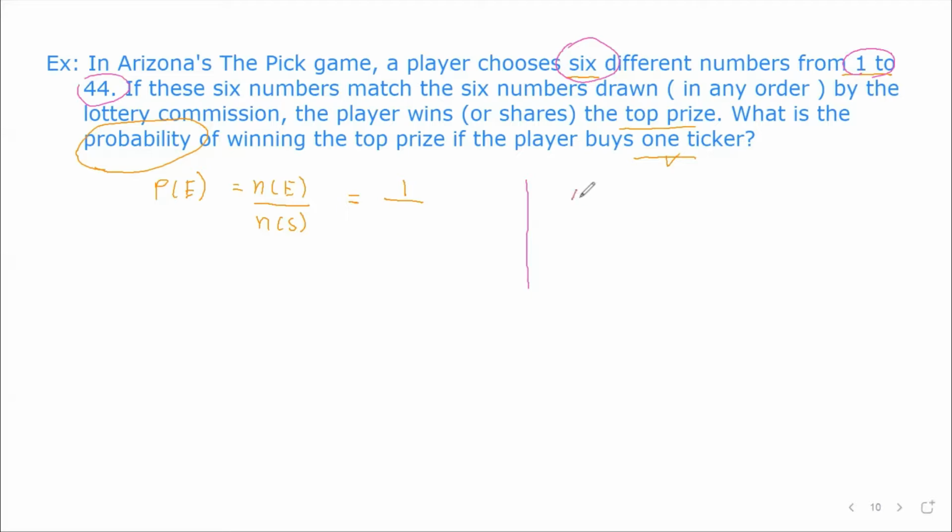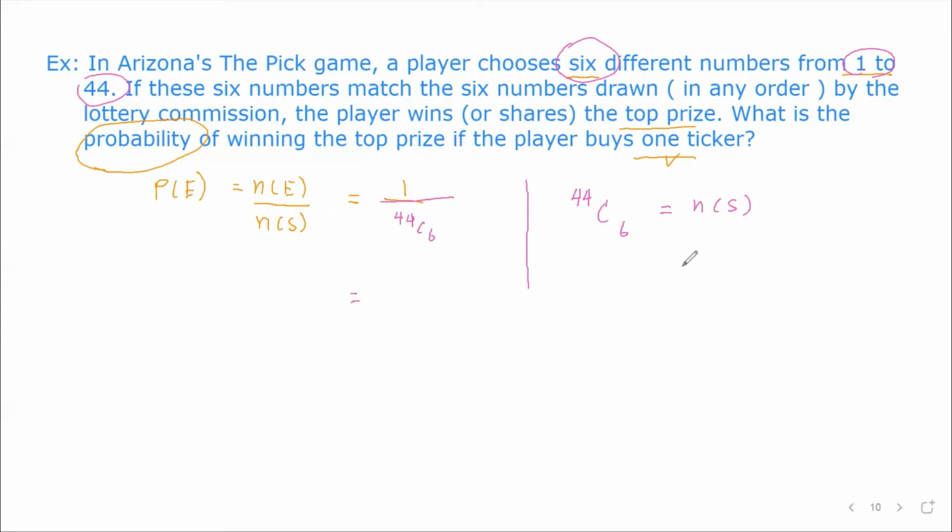So you have 44 C 6, select or pick only 6 numbers out of 44. Then you use the combinations you learned in the last lesson. This is the NS. So you have 1 over 44 C 6, and then you can use a calculator.